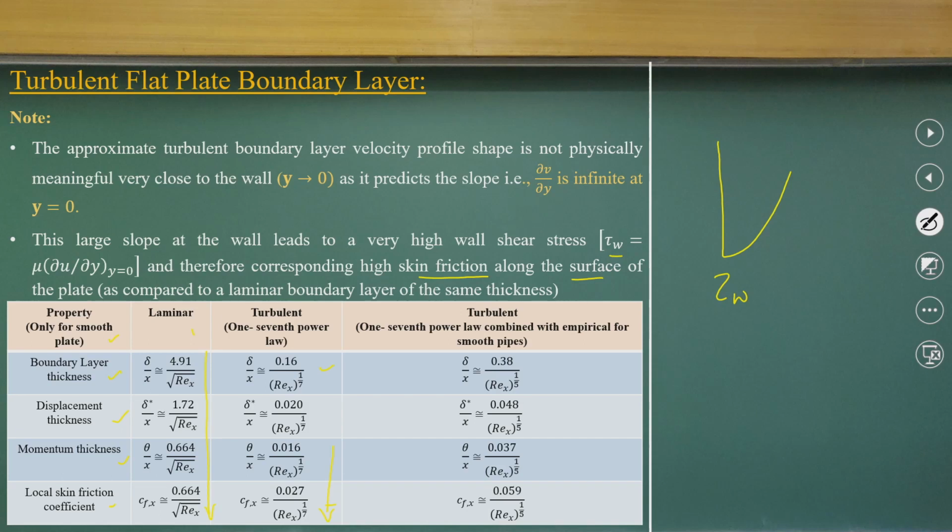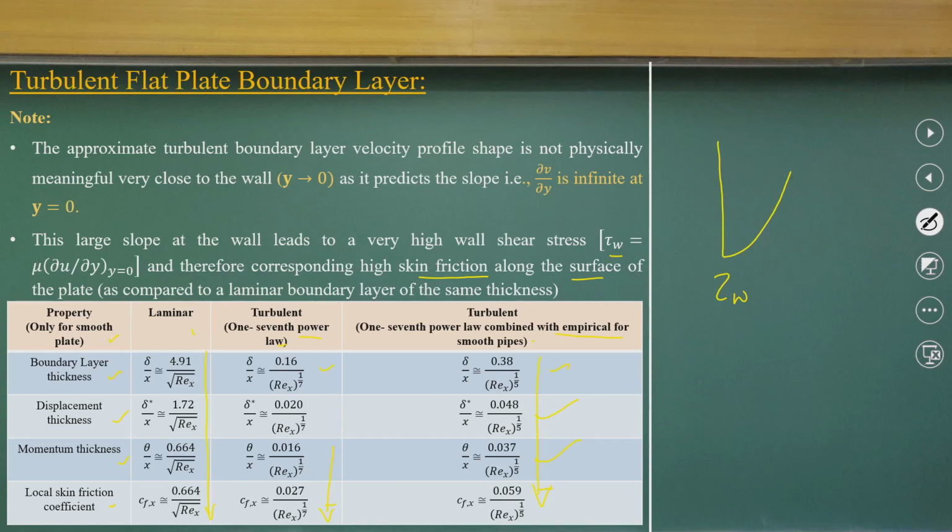This is the 1/7 power law, but this law does not hold good for all the cases. It is used combined with the empirical relations for smooth pipes. Again, they changed the relationship between boundary layer thickness, displacement thickness, momentum thickness, and local skin friction coefficients.